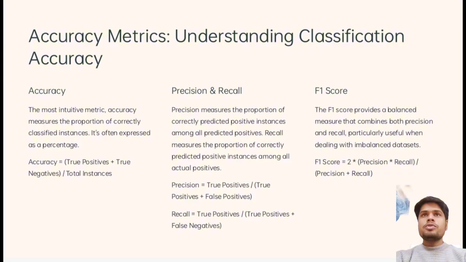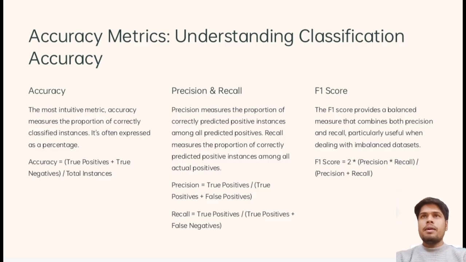Accuracy. The most intuitive metric, accuracy measures the proportion of correctly classified instances. It is often expressed as a percentage. The formula of accuracy is true positives plus true negatives divided by total instances.